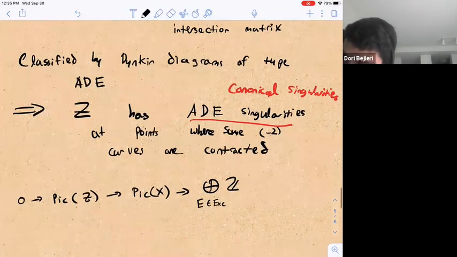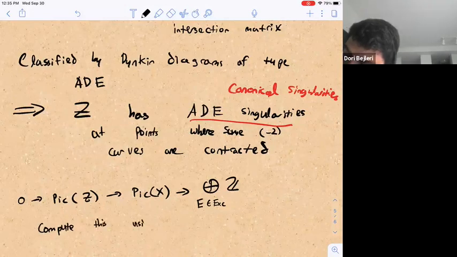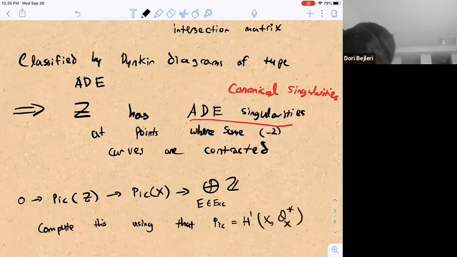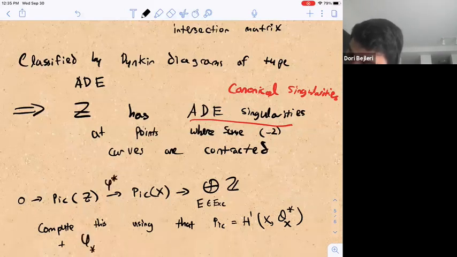Maybe you can compute this using that Picard is H1 of X, O_X star, and that phi lower star, I don't know what I called it, phi lower star of O_X is O_Z.